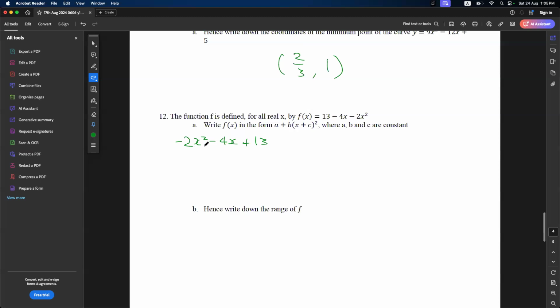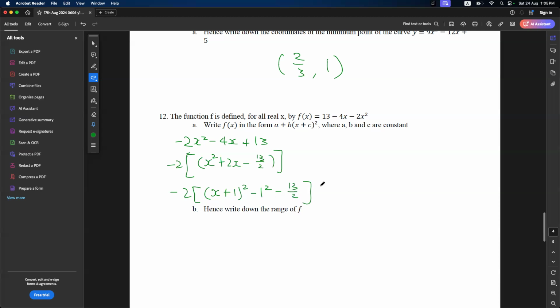Then factorizing out the negative 2, you have x squared plus 2x minus 13 over 2. Then minus 2 double bracket x plus 1 squared minus 1 squared minus 13 over 2.